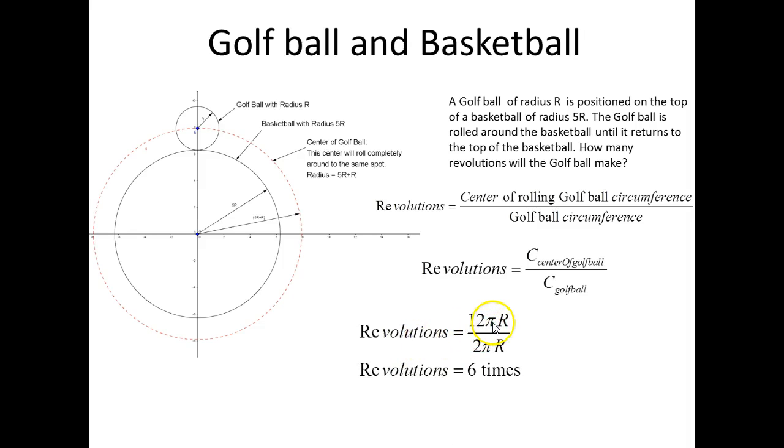So we have 12 pi times r divided by 2 pi times r. 12 pi times r is the circumference of the red dotted circle. 2 pi times r is the circumference of the golf ball. And if we divide 2 pi times r into 12 pi times r, we get 6 revolutions, because the r's cancel and the pi's cancel, and 2 goes into 12 6 times.